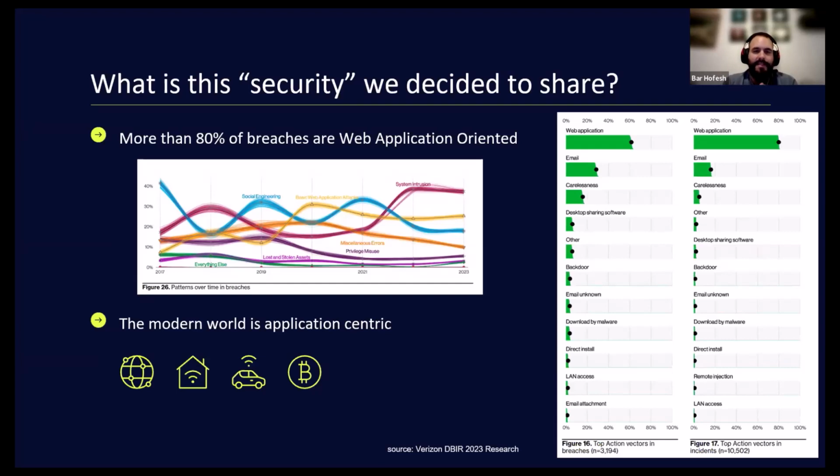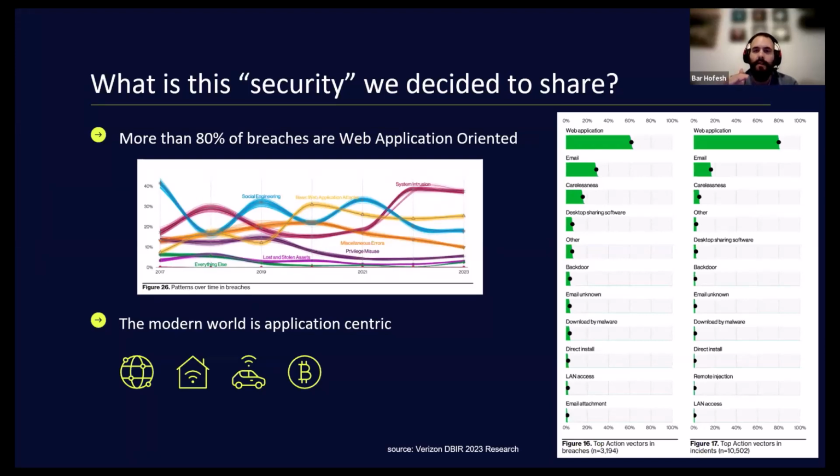Right now, and this is based on Verizon's 2023 research, more than 80% of breaches happen due to web application issues, right? When we're talking about applications, or even more specifically, web applications, this is the main place where companies and organizations get hacked from.